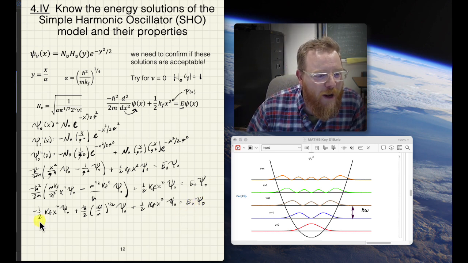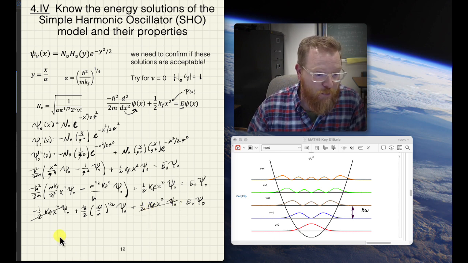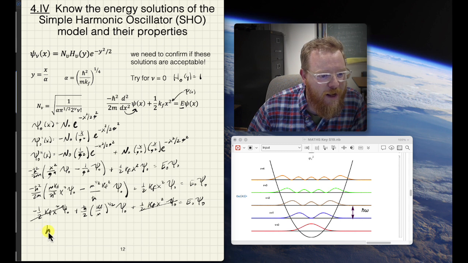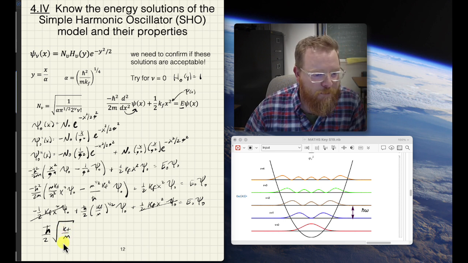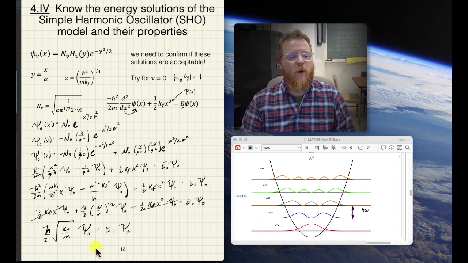So now you can see quite conveniently this term and this term will cancel, and I'm left with a pretty cool result. So I'm going to write that as h bar over 2, and I'll rewrite that as the square root of kf over m all times psi 0 equals E0 times psi 0. Holy smokes, look, we did it.